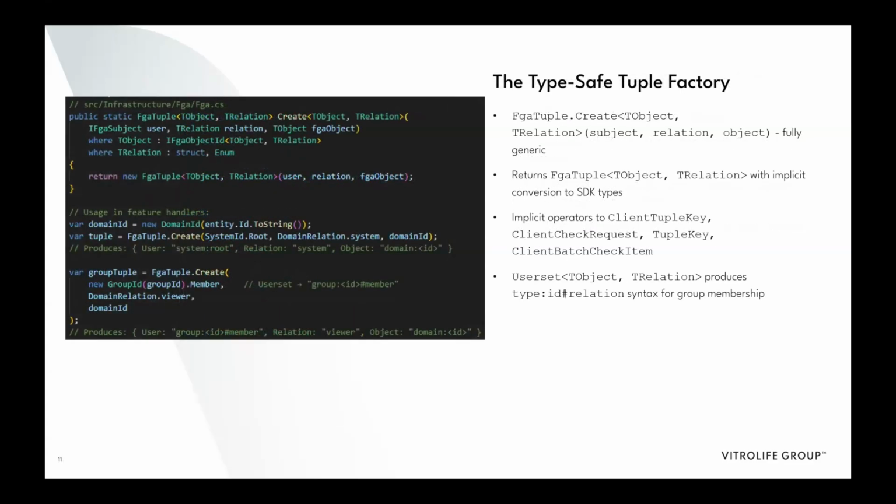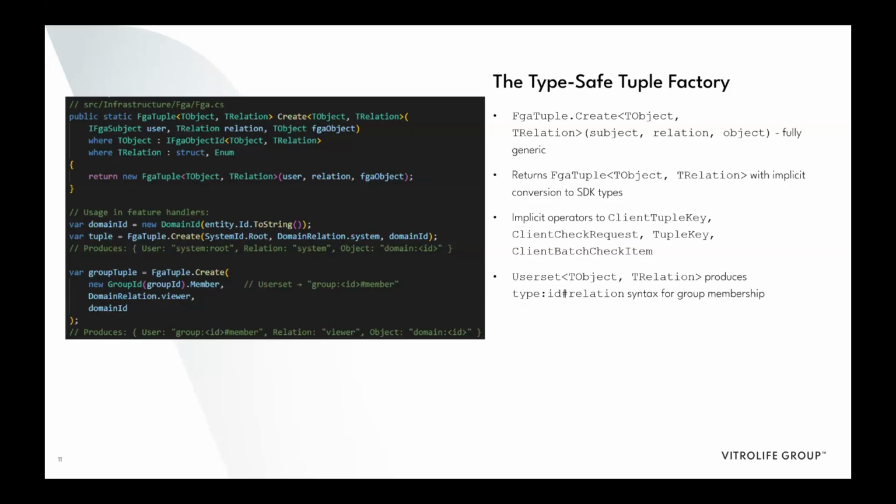And of course, when we have these types, we can now create our tuples in a quite type-safe manner. So in our case, let's say I want to create the user set group ID member. I can do FGA tuple create, and I add a group ID, I add the domain relation viewer to the domain ID, and it feels very simple, and it suited us quite well.